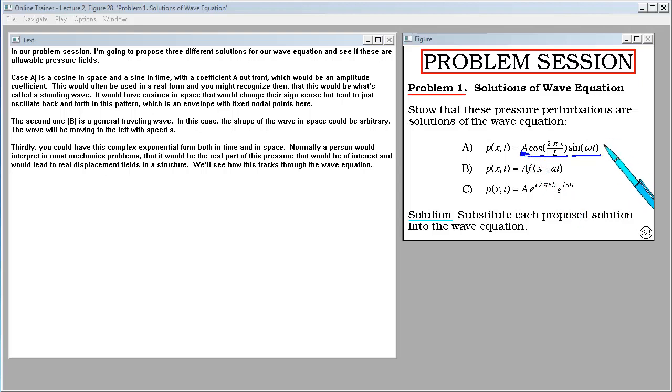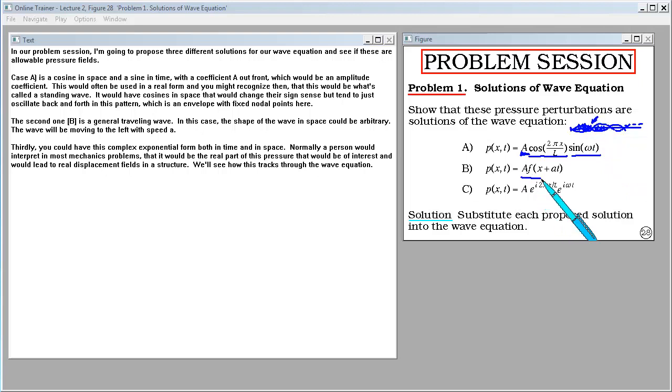This would often be used in a real form, and you might recognize then that this would be what's called a standing wave. It would have cosines in space that would change their sign sense, but tend to just oscillate back and forth then in this pattern, which is an envelope with fixed nodal points here.